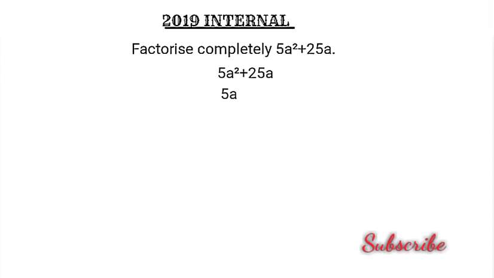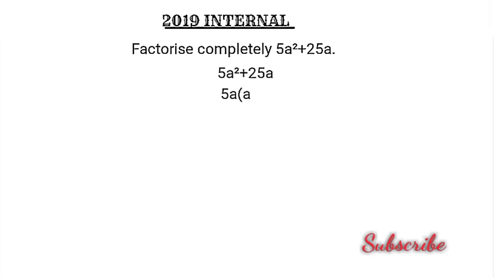So now we're going to open bracket. If it was 25a squared, you could have also put the square on top of a. Since it's not, we're going to write 5a, then open bracket, then we say how many times can 5a go into 5a squared? It will go a times, or we can get 5a squared by multiplying 5a by a.